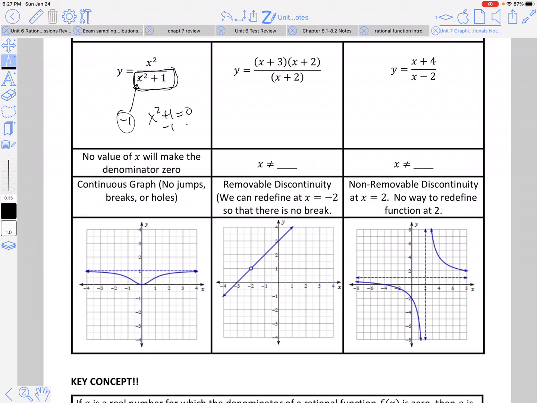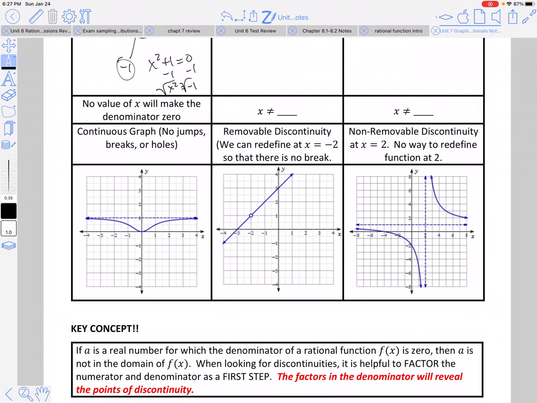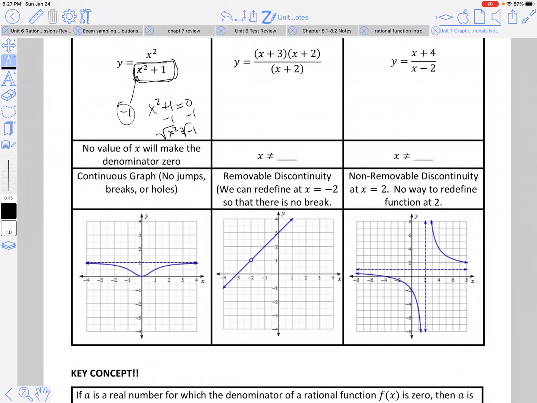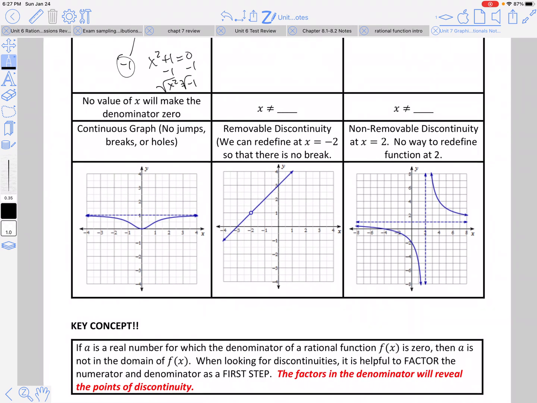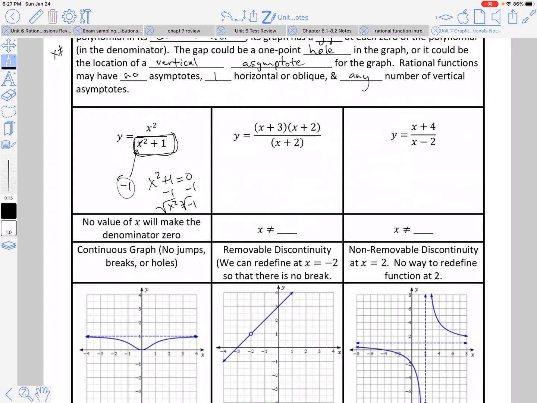If we try to solve, it's going to be imaginary where it does become 0. So no value for x will ever make it 0, and you can see there's no jumps, there's no holes, there's no gaps. It just goes. I mean, you can see an asymptote here. So it's an imaginary line that the graph is just coming real close to. So how those numbers work together, they're not going to get huge because it's always going to be a fraction.